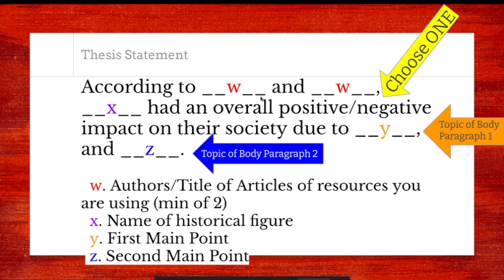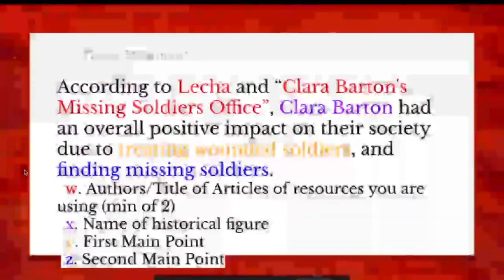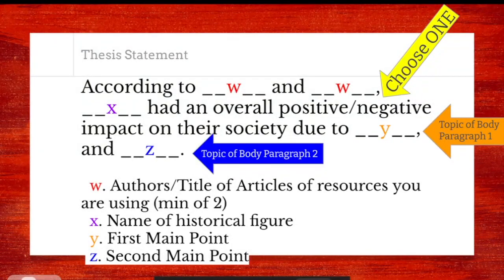According to W and W, X had an overall positive or negative impact on their society due to Y and Z. Now, you might be wondering, what do these letters mean? That's kind of what makes it a math formula, because I have what each of the letters mean down here. So let's break this down step by step.